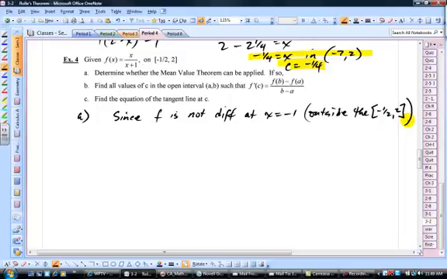Okay, it's non-differentiable at negative 1, but it's outside the interval. It must be continuous inside and differentiable on the inside.